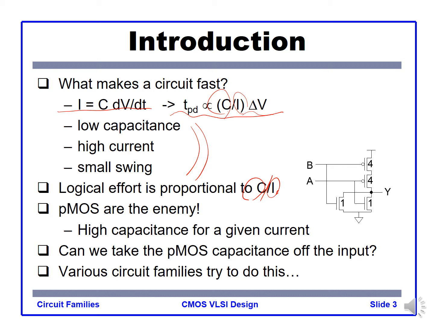As you can see, for example, for a NOR gate, for equal rise and fall time, the NOR PMOS size must be 4 times larger than the NMOS. So the PMOS is the enemy, the axis of evil. So we want to reduce the capacitance for the required current level.